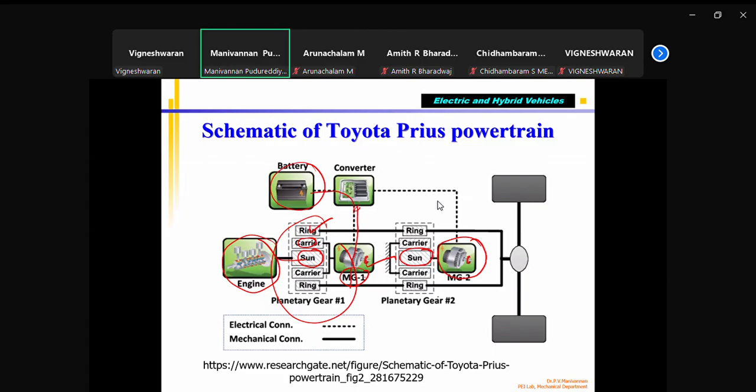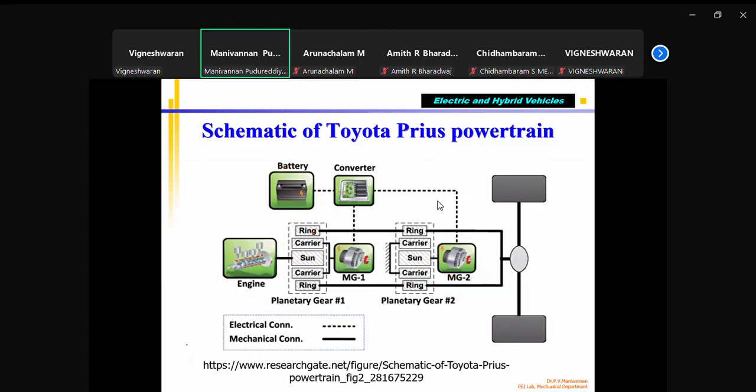You have one planetary gear, and a second planetary gear. The ring gears of both are connected. That means this plus this, correct? This is added. Torque from the engine and torque from the second motor will be added and delivered to the wheels. So some amount of power is given to MG1, which goes for charging the battery. That's how it works.